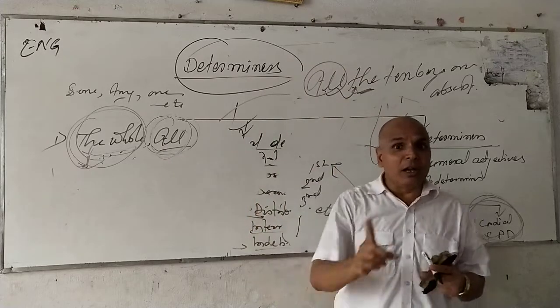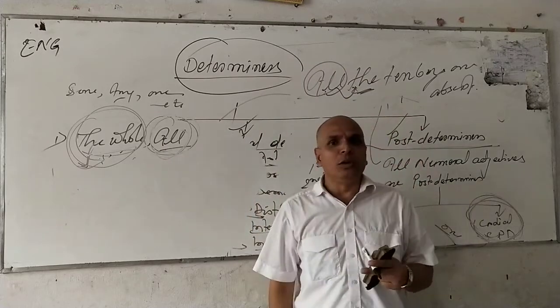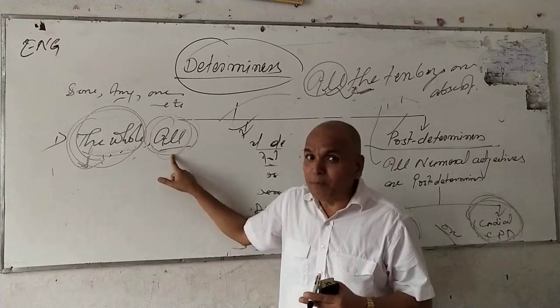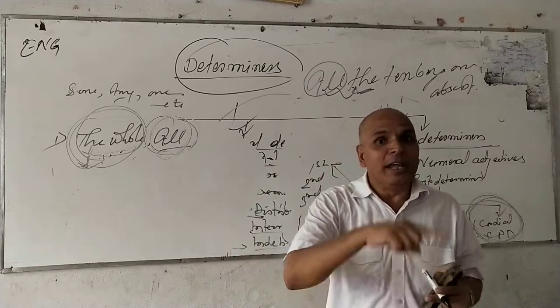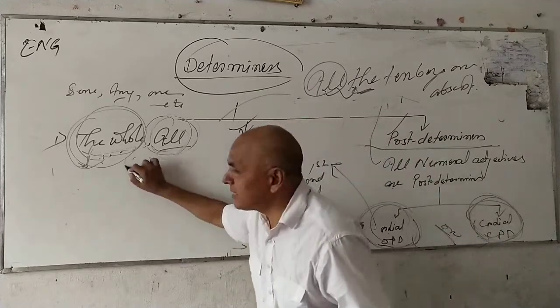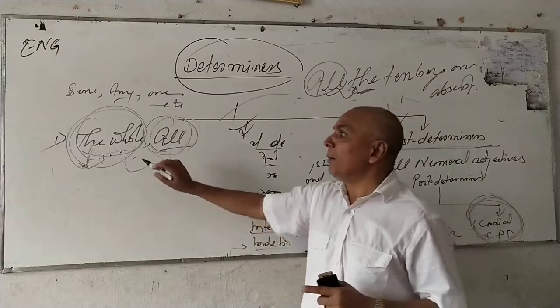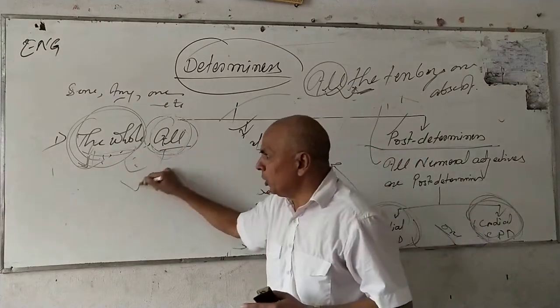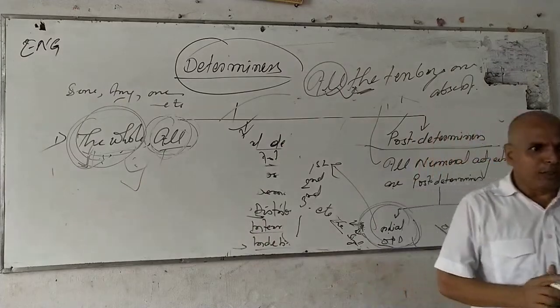Whereas all, whenever it comes before a plural noun, will take a plural verb. Whereas when it comes before an uncountable noun, it is with a singular verb. So these are the syntax differences as well as the technical difference of using the or not using the. Already I told you. Okay, over.